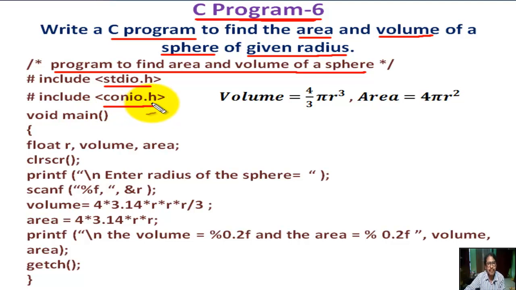Hash include within angle brackets stdio.h, hash include within angle brackets conio.h. Here all these are in small letters.